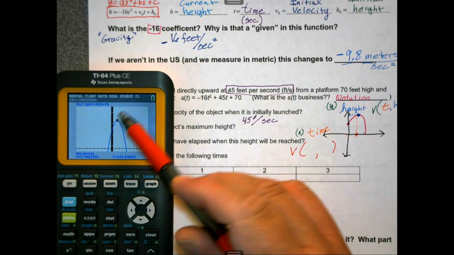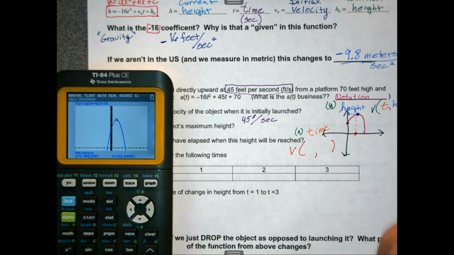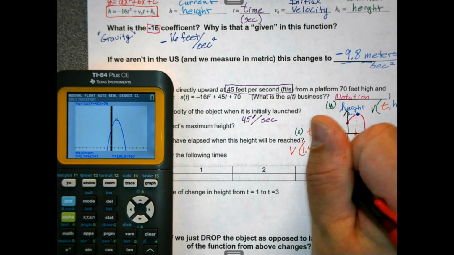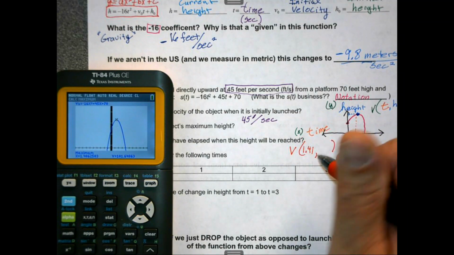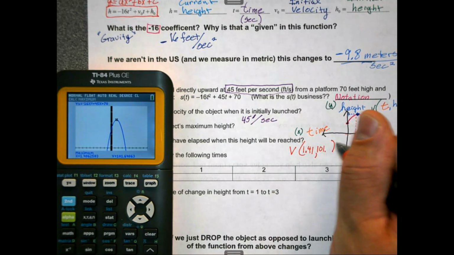And see how it went to the vertex? It's at 1.41, 101.64.